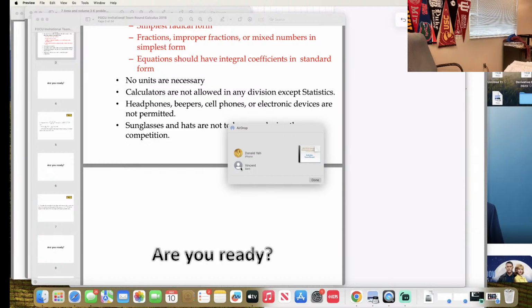So when you're writing the area, you find where it goes from the graph to the axis. Oh wait, I forgot to do it. Sorry.